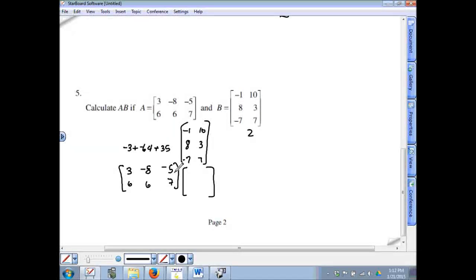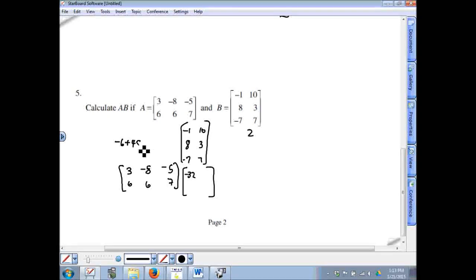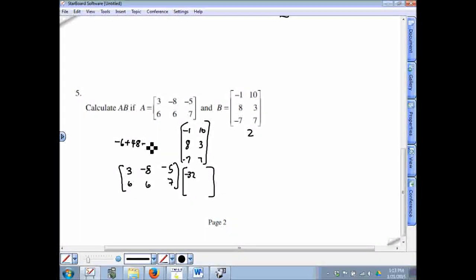So that's negative 32. This entry right here comes from the bottom row. It's still the first column. So going across the bottom row, down the first column, we're going to have negative 6 plus 48 minus 49. That's going to be negative 7.